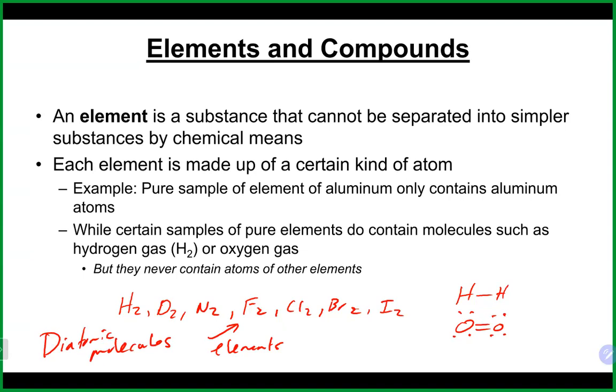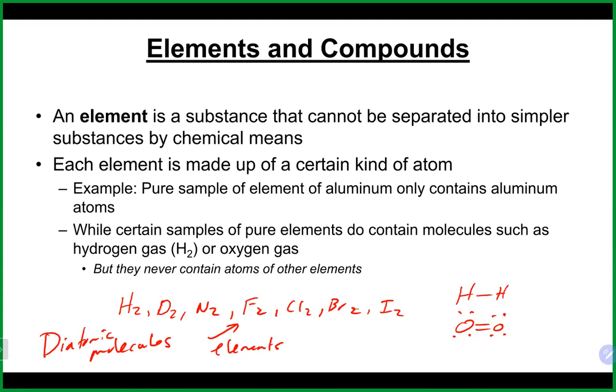A molecule is a generic definition: all you need is two or more atoms that have come together. Those two or more atoms can be the same atoms of the same element, or they could be different elements coming together. That basic definition, two or more atoms coming together, you could call a molecule.